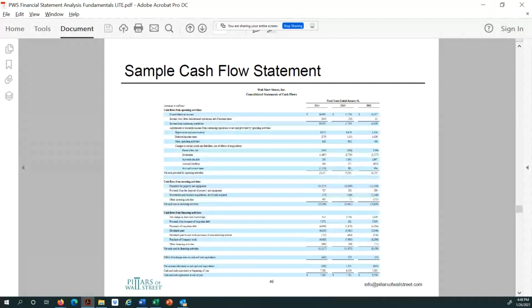You can see it's also broken down into operating, investing, and financing. You're starting with net income up at the top, right? And then the last line is, as we know, the cash at the end of the year, which should then tie to the balance sheet.